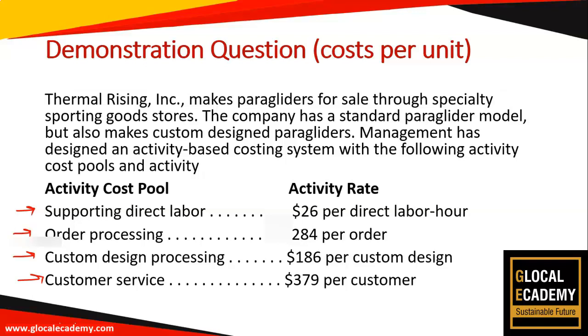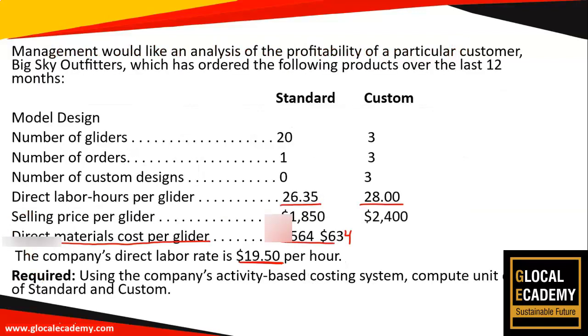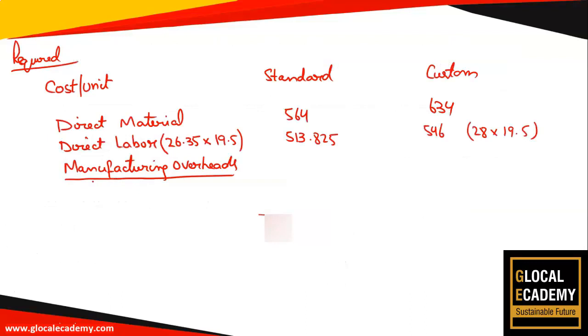So effectively, product related activities are 3: supporting direct labor, order processing, and custom design processing. Let me just copy them here.